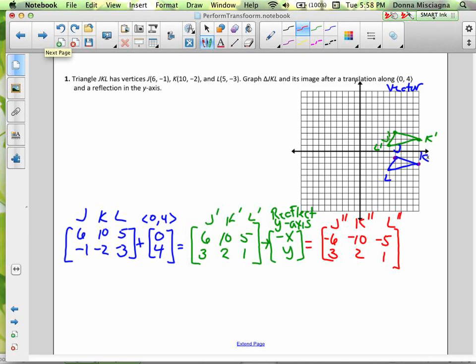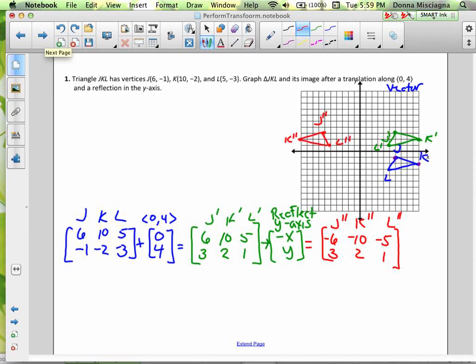So we're going to have -6, and up 3, right there, is going to be J prime prime, and K prime prime is going to be at -10, 2. And L prime prime is at -5, 1. And there we go. There's our image.